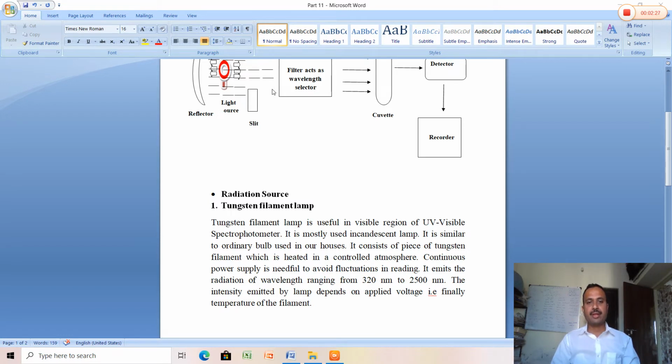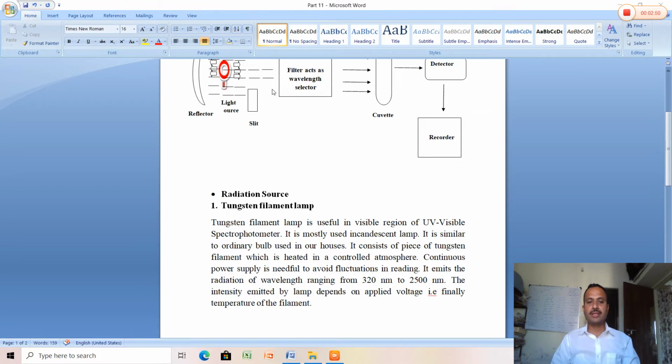It is similar to the ordinary bulb used in our houses. It consists of a piece of tungsten filament which is heated in a controlled atmosphere.